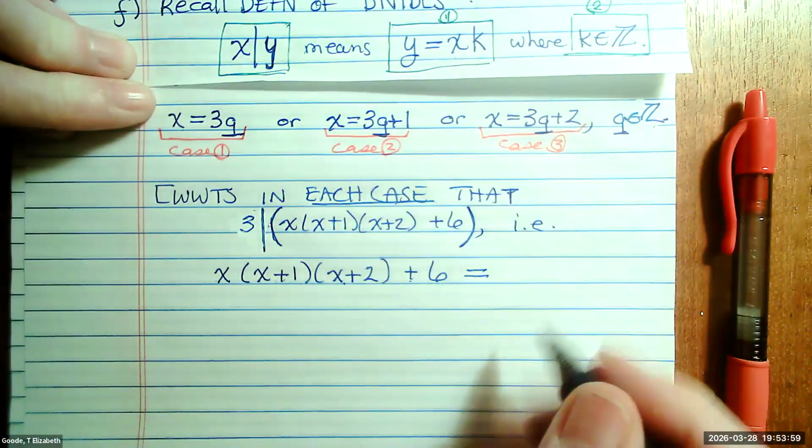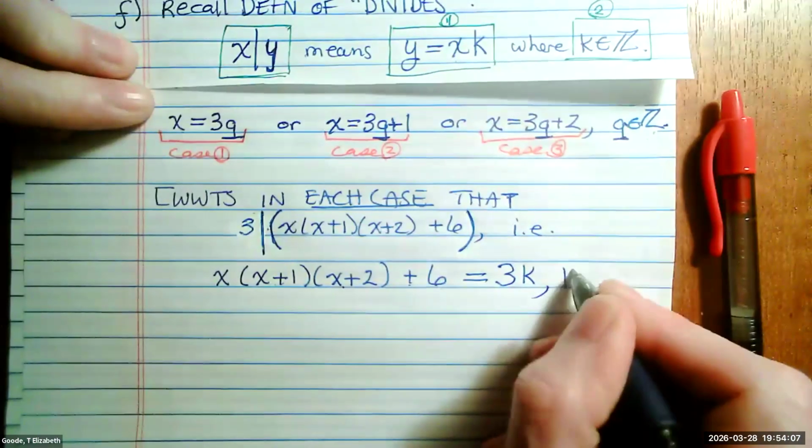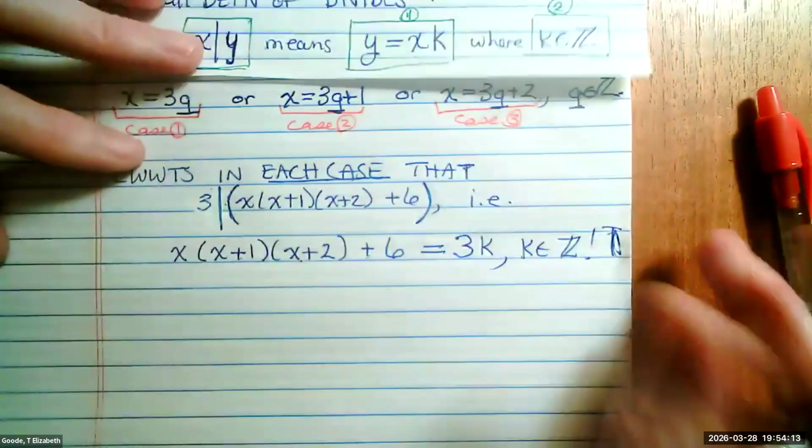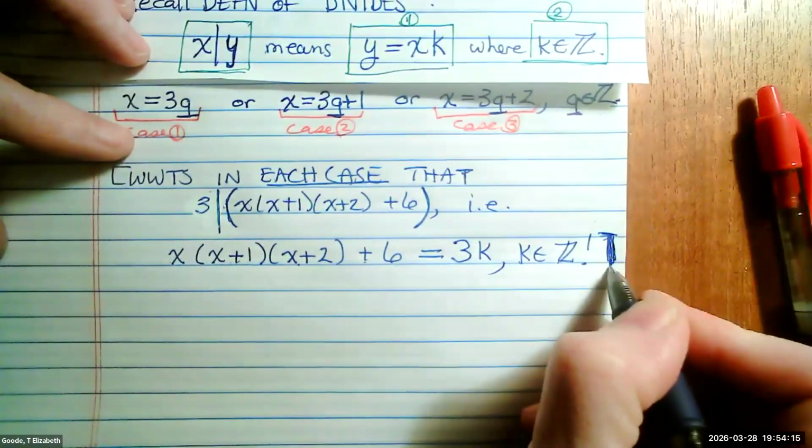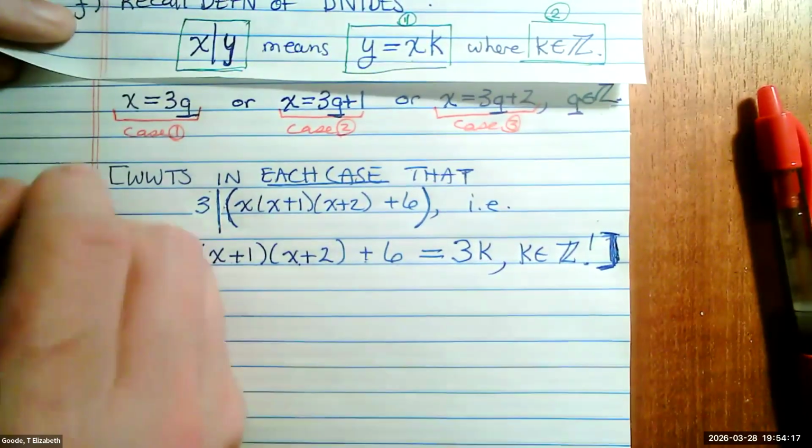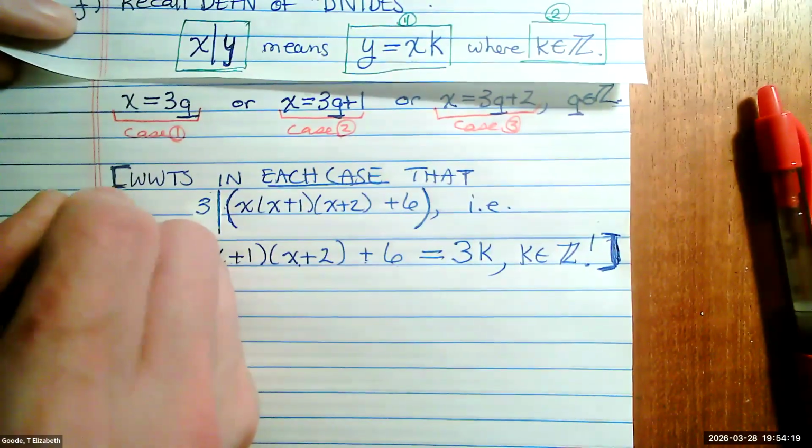It should equal x times (x plus 1) times (x plus 2) plus 6 equals 3 times k, where k is in Z. Perfect. See, you did it, and that's awesome. Just one step at a time, right? So you're shooting for that.